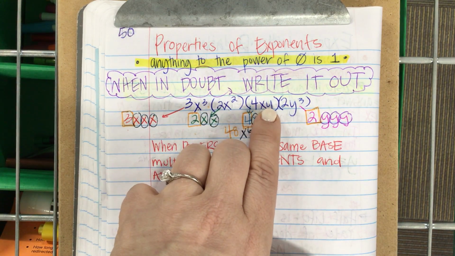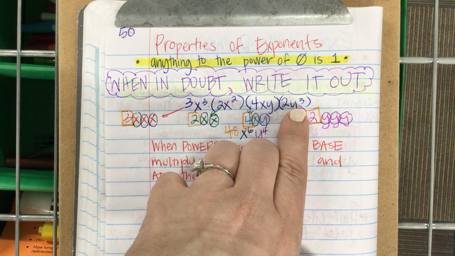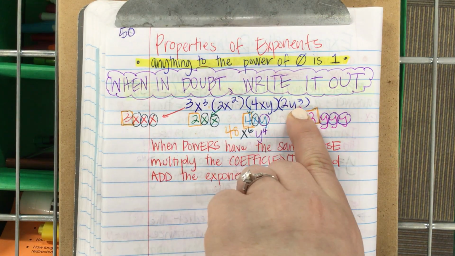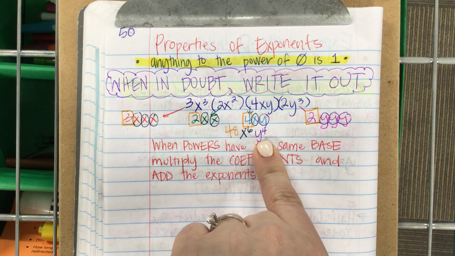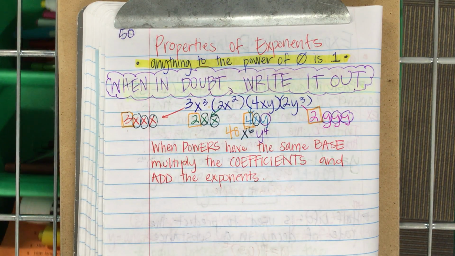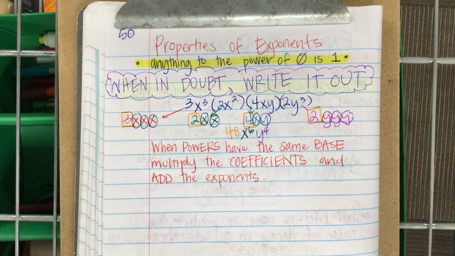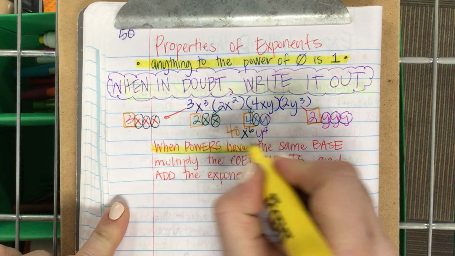And 1y plus 3 more is y to the 4th. When powers have the same base, multiply the coefficients and add the exponents. Important.